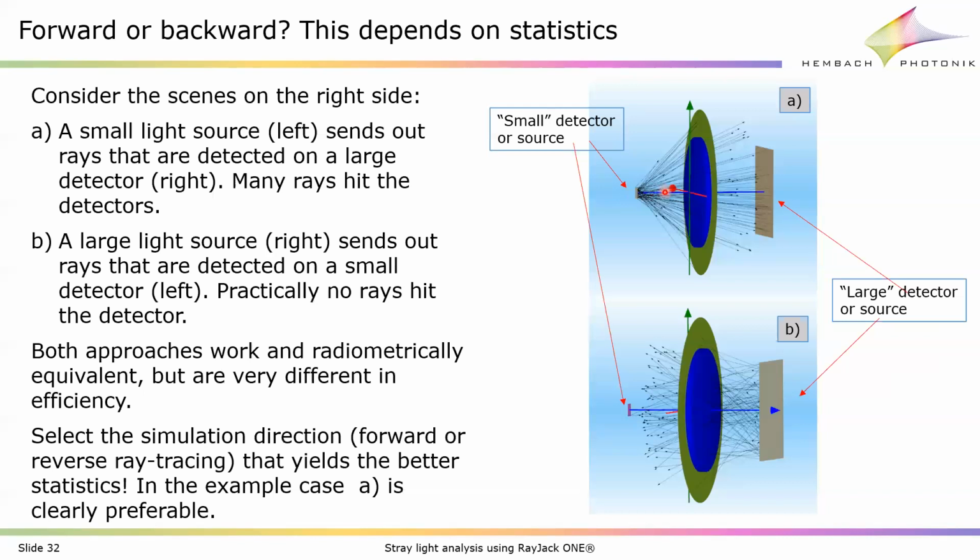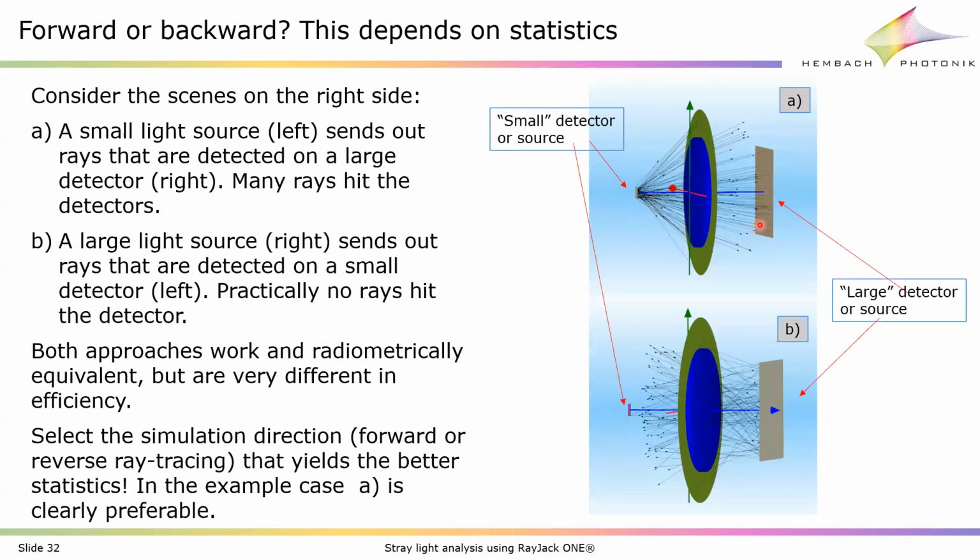So in this case, when you have a small source and a large detector, I would definitely trace from the source, because many rays will hit the detector. Doing it the other way, if you trace from the detector, only very few rays will hit the source, so it's a bad choice.